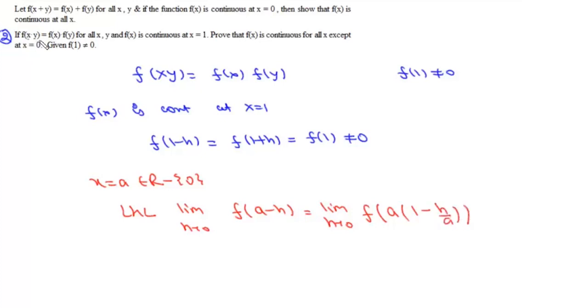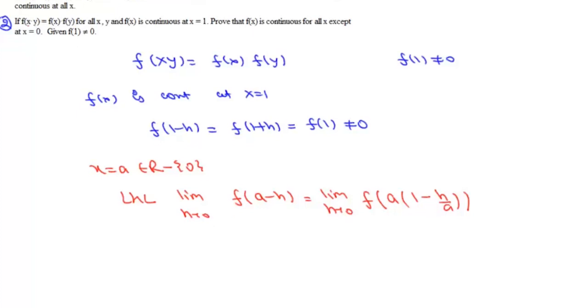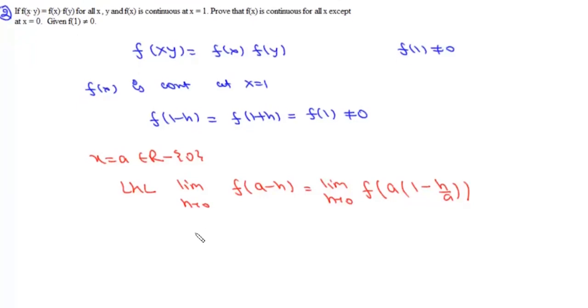Now f(x into y) is f(x) into f(y). So we'll write this as limit h tends to 0 f(a) into f(1 minus h upon a). Now f(1 minus h upon a) is f(1) negative, which is f(1 minus h), and it will be equal to f(1). So this is f(a) into f(1).